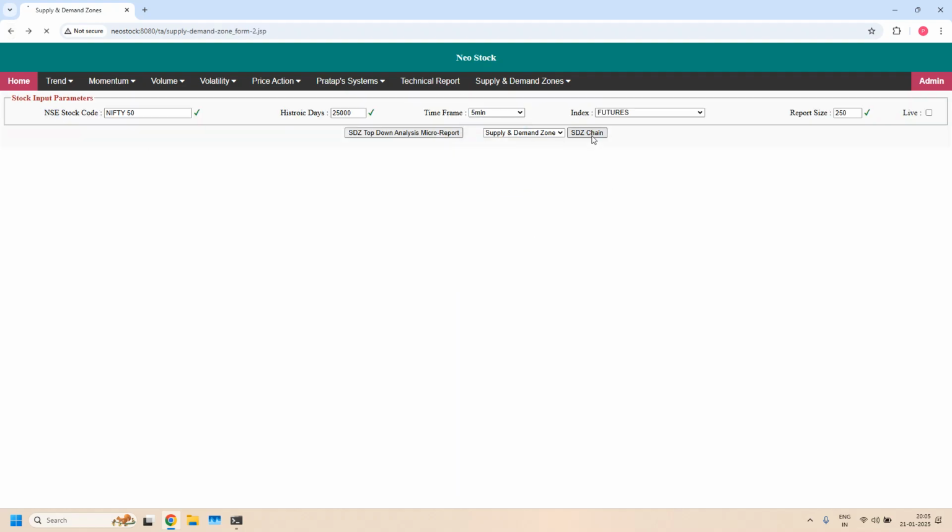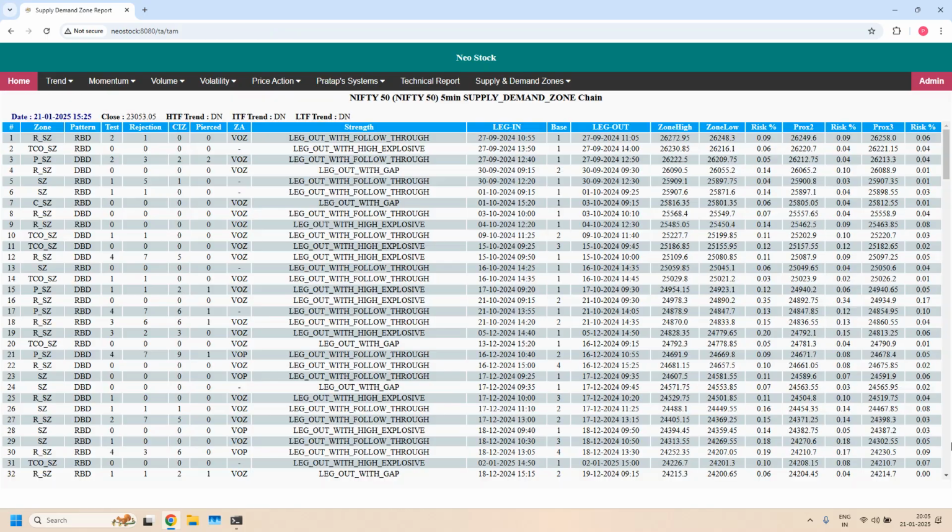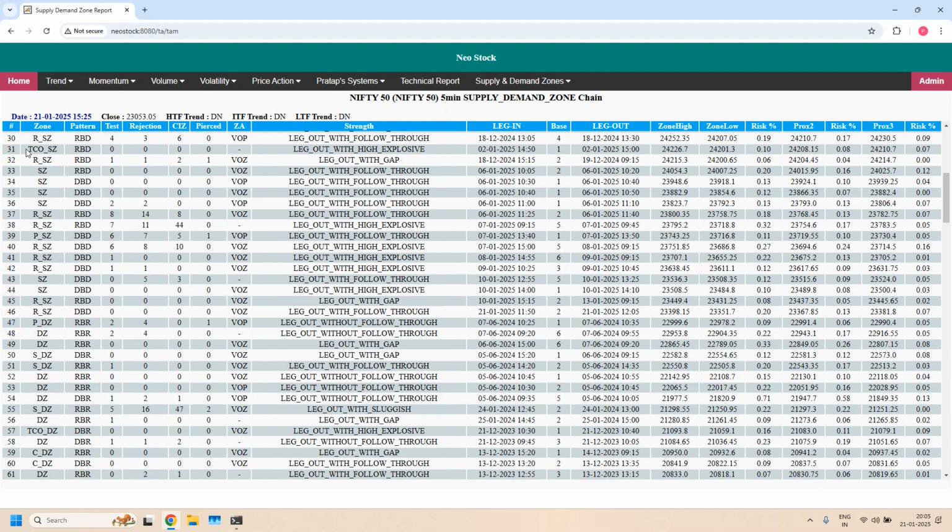5-minute supply demand zone chain for NIFTY. All these are supply zones. I am scrolling the list down. Here you have the demand zone nearest to the current closing price.